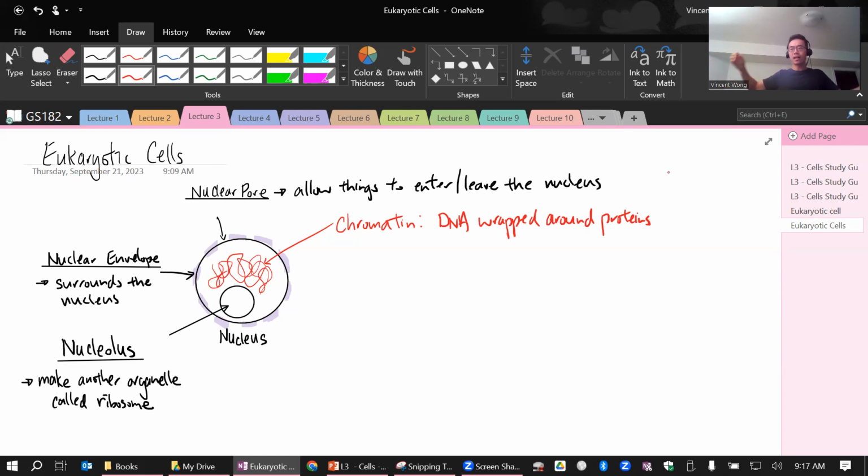And if you try to shove all that into the nucleus, it won't fit, and it's going to get tangled up. And when things get tangled up, they tend to break easily. They're not going to be able to move very easily. So in order to fit them all into the nucleus, you have to package them. You have to wrap them around proteins.